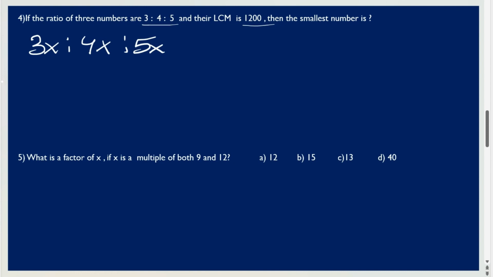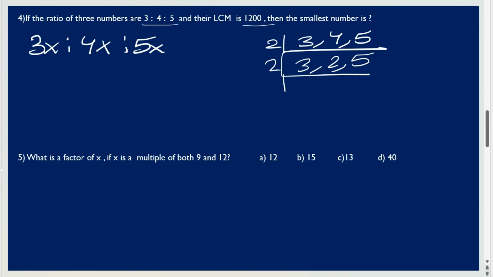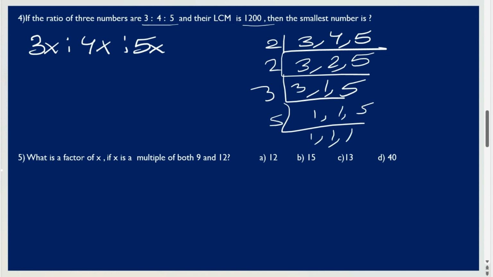So let's find their LCM, right? So what's the LCM of 3, 4, and 6? So let me just say 3, 4, and 5. Sorry, I said 6 before. Okay, so using the division method, it's going to be 3, 2, 5. Then another 2, that's going to be 3, 1, 5. Then 3, 1, 1, 5, and then 5 for 1, 1, 1.